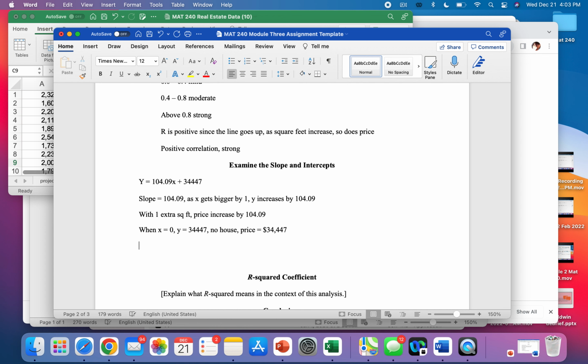There's really two ways to think about that. We're really not supposed to interpret anything other than what's in our original data.